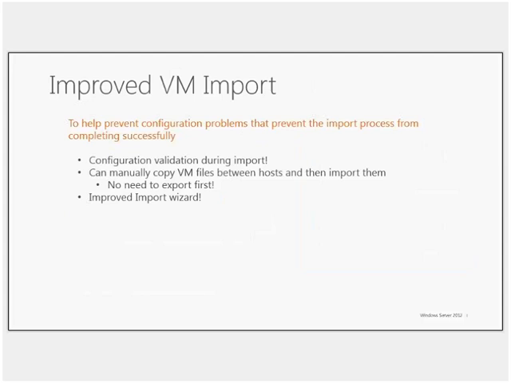So when I point to a folder with the 3 subfolders underneath it, or simply copy those in the right structure, I can just point to the parent folder and import those virtual machines. You don't need to export them. You just need to import them, and that's a new feature. So lots of improvements there.